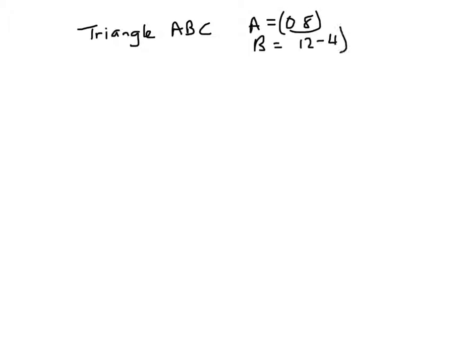You may be given, for example, triangle ABC, and you're given 3 points. A equals (0, 8), B equals (12, -4), C equals (-6, -22).